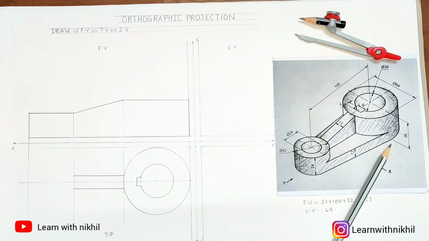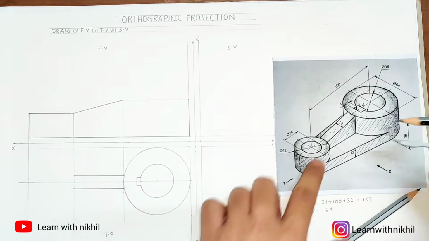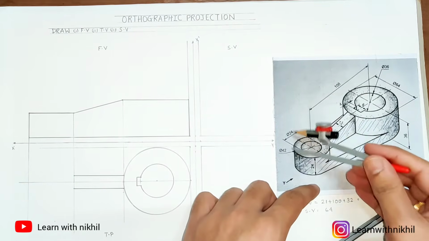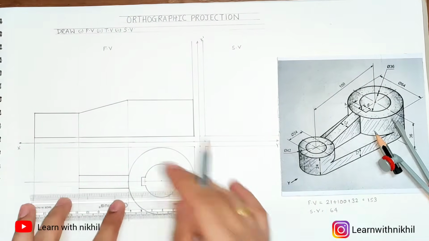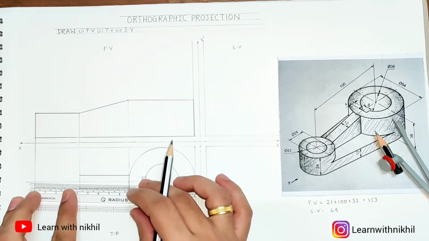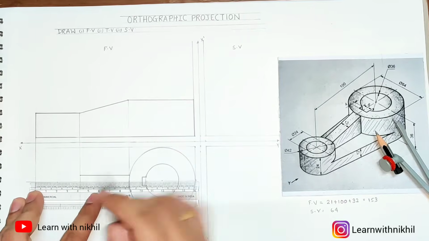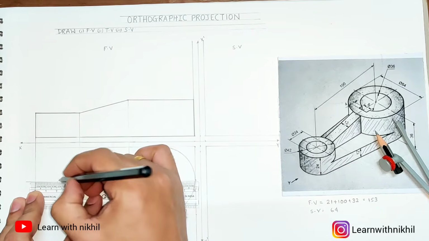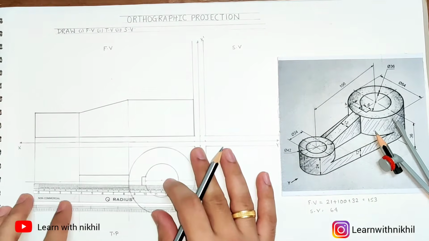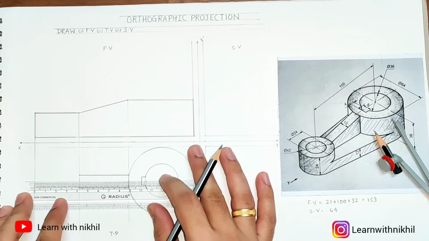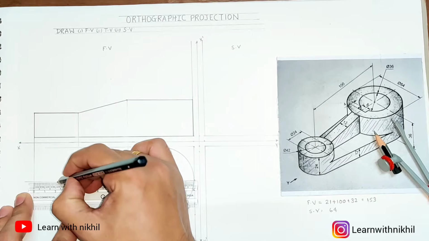Now you have to draw this ring or two circles. The dimension is given. The outer circle diameter is 42. So first marking the center point of the circle, from there we can draw the circle. The center point is at 21 as the diameter is 42.